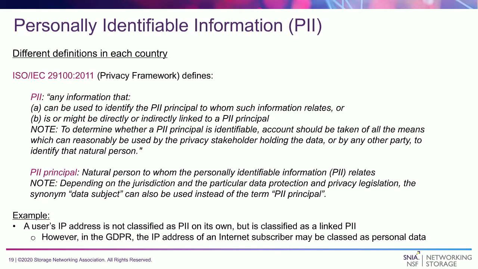A given IP address on your computer, just as an example, is typically not classified as personally identifiable information, or PII, on its own, but typically it's classified as linked PII, meaning it can link back to you with additional information. But with regulations such as GDPR, the IP address of a given person actually may be classified as personal data.